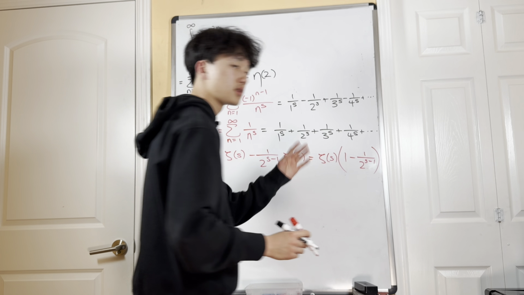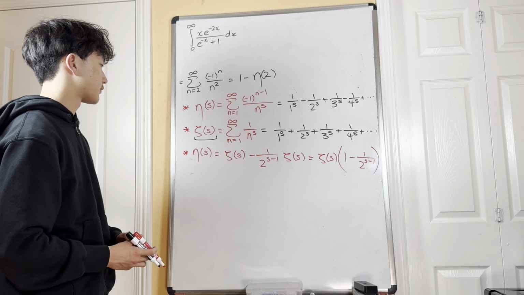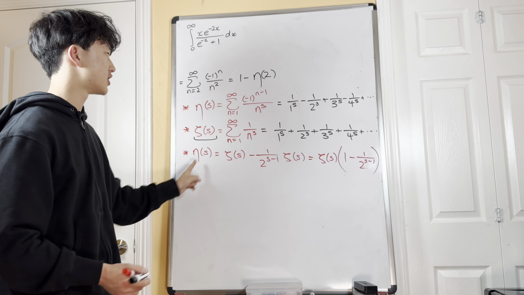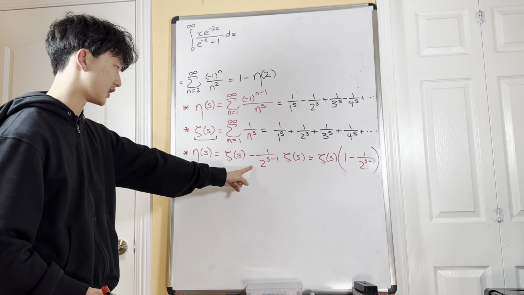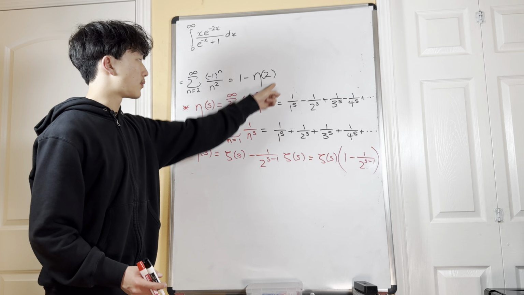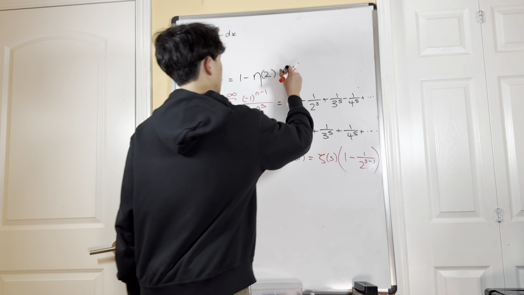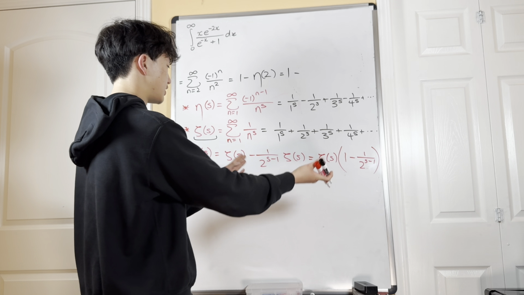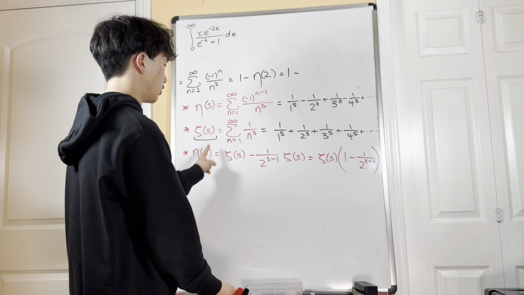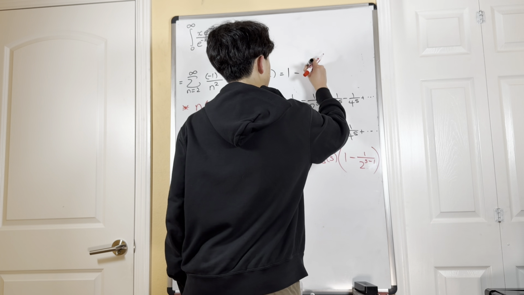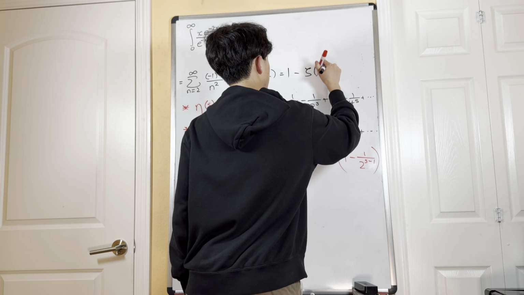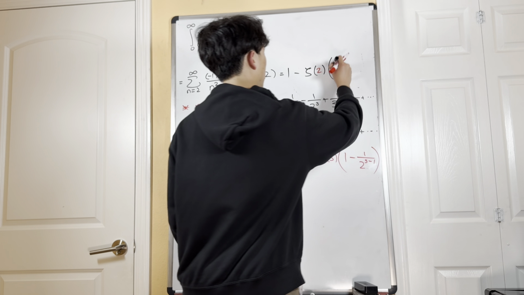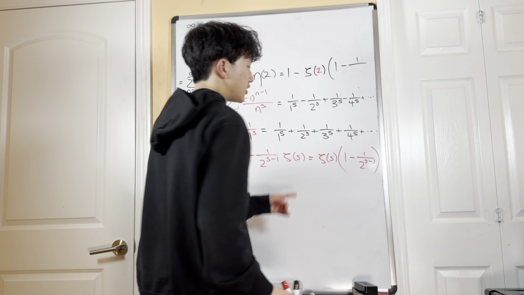So that's the result. Now what? Well, we know the eta function in terms of the zeta function now. Let's just straight up apply it to our situation right here. To rewrite the eta function, I'm going to use this exact formula we just found: zeta of s, which is 2, times 1 minus 1 over 2 to the s minus 1.